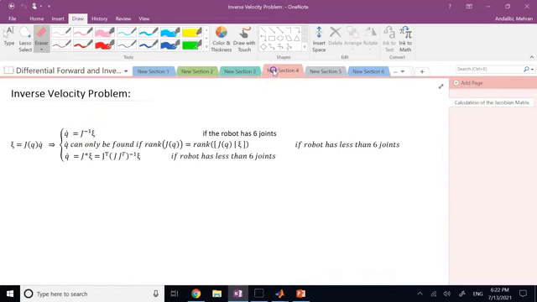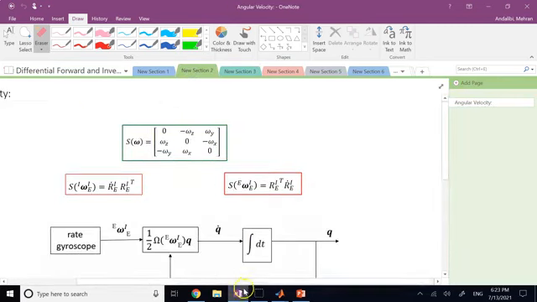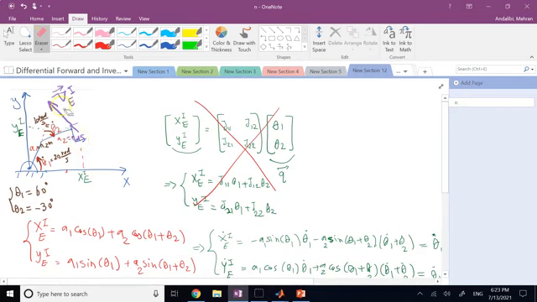But you clearly see that having your Q dots and your J matrix will lead to end effector velocities. Sometimes you go backwards. Most of the time you actually go backwards. You want a desired end effector velocity. You know the angle you are at the moment.